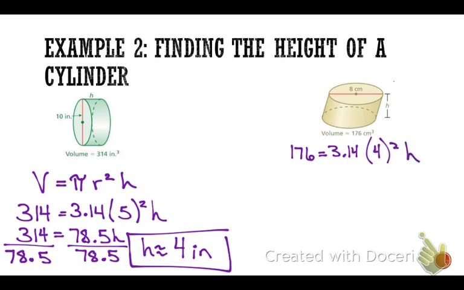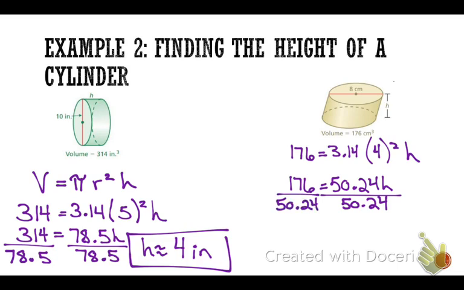So 3.14 times 16 is what? 50.24 h. Divide both sides by 50.24. And h is approximately 3.5 centimeters. Who got that right? Rounding to the tenth.